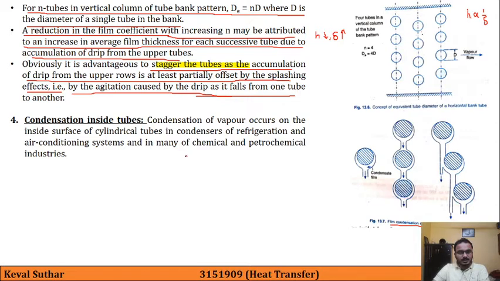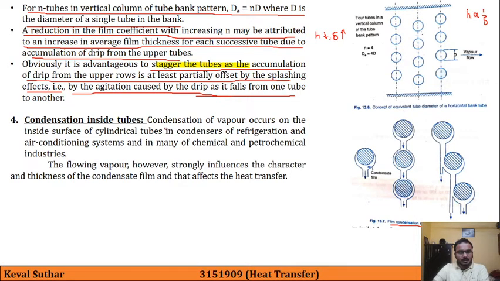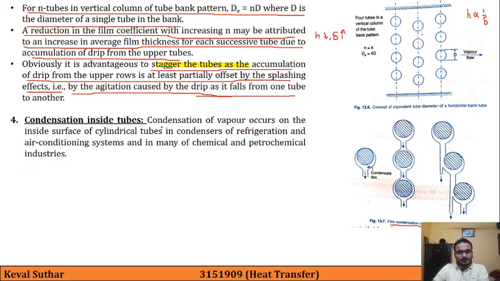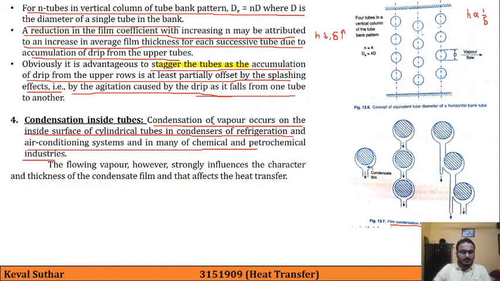Now condensation inside the tubes. Condensation of vapor occurs on the inside surface of cylindrical tubes in condensers of refrigeration and air conditioning systems and in many chemical and petrochemical industries. Such condensation inside tubes is observed in refrigeration and air conditioning applications.